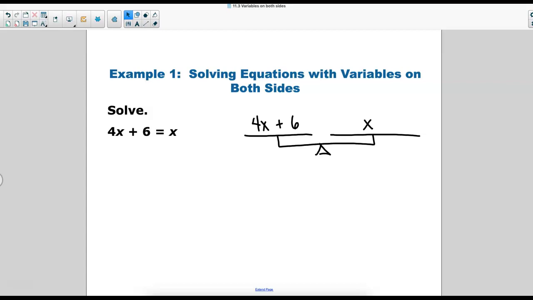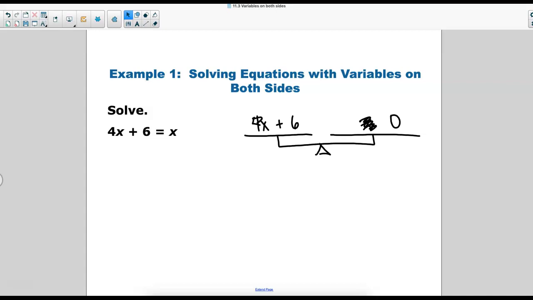So it doesn't matter which side I decide to get rid of the x. I'm going to say let's get rid of this x. Well, if I take an x off of this side of the equation, what do I have left? Nothing. I have 0. If I take something off of this side of the equation, now it's not balanced anymore. I have to balance it back out. So I took an x off of this side. What do I have to do over here?